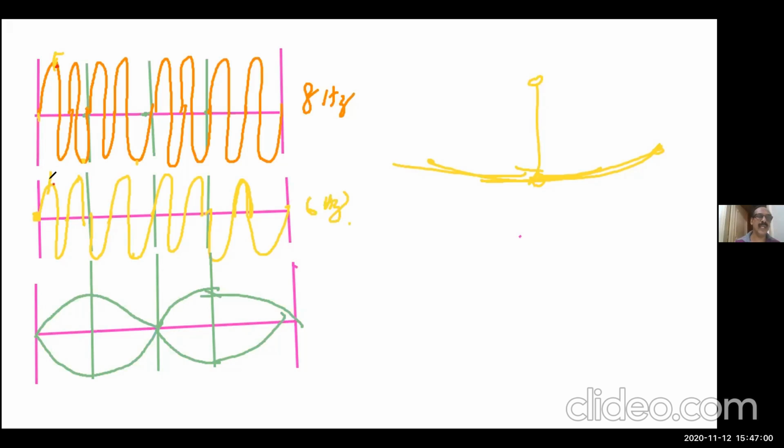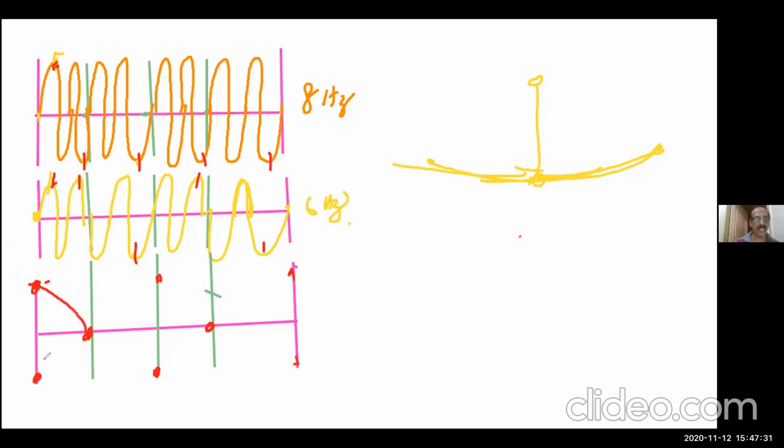These 2 first will add up, so that is maximum. Here maximum amplitude, first I will mark. These 2 will add up here, so at this point maximum amplitude of vibration will come. But these 2 points cancel out, so 0 amplitude. These 2 points will add up. See, both are in the same direction, so maximum amplitude. At this point you see they are cancelling out, so 0. At this point they are adding up, so maximum amplitude of vibration. So the wave will be like this.